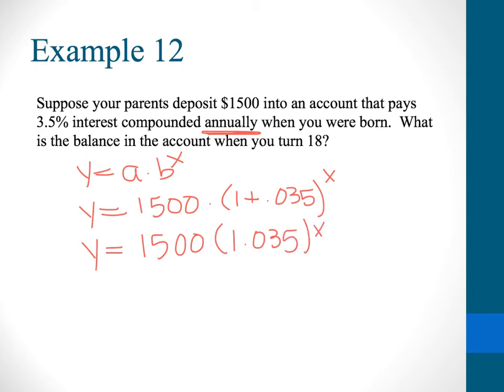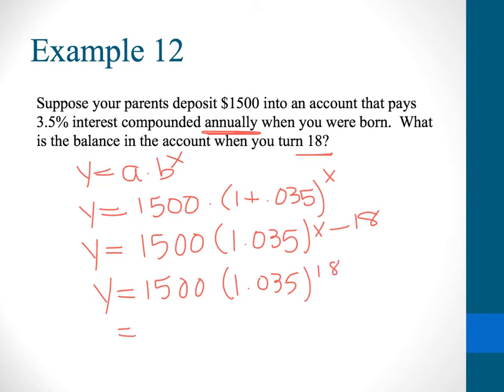So then it says, what is the balance in the account when you turn 18? Well, because I'm getting paid every year, that means my x value is going to be replaced with the number 18. So I really have y equals 1,500 times 1.035 raised to the power of 18.